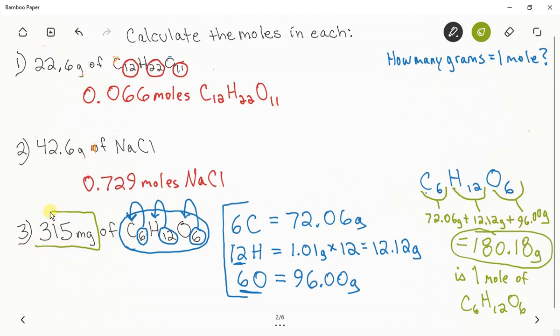Look at what they gave us for however much we have of this molecule. They said 315 milligrams. Now notice this is in milligrams, this isn't in grams. So what we need to do is first convert this 315 milligrams into grams. Now I have other videos on conversion under my main Chemistry 1 playlist.